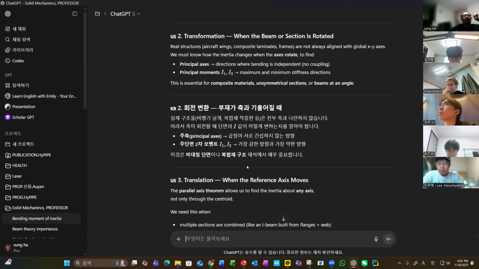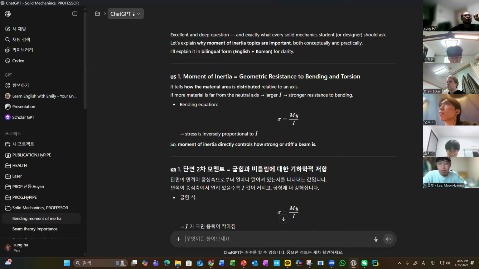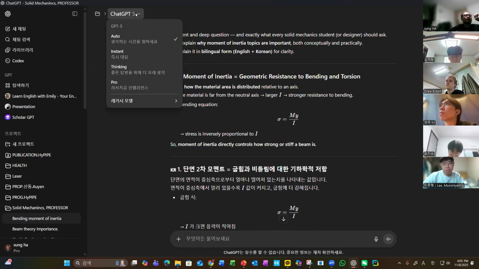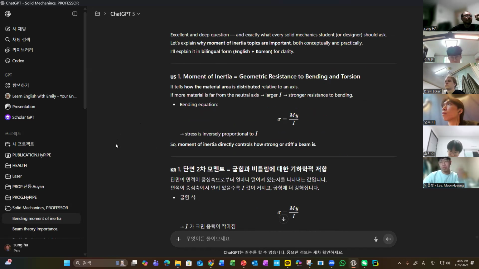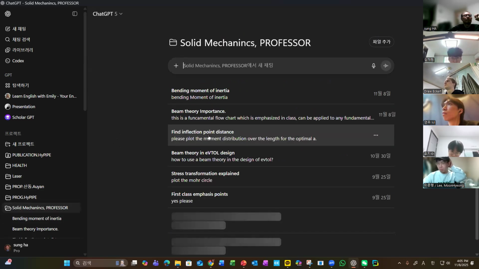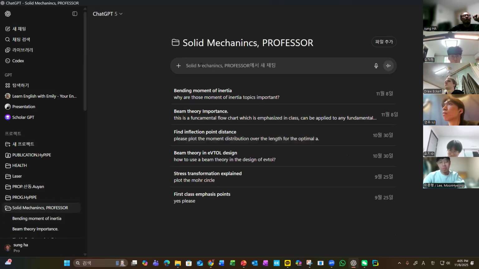Now the other one I'd like to cover is how to calculate the shear stresses in a beam subject to a shear force.